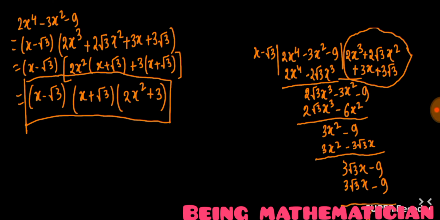Now we move to our next section, that is, we will see a grouping factorization which contains zero factorization. Now let's see the example.